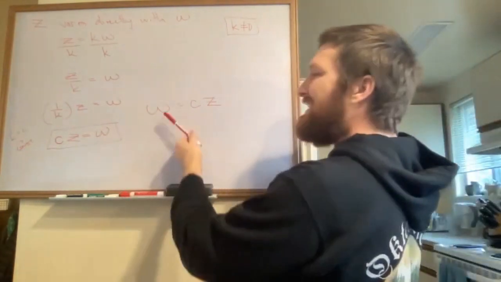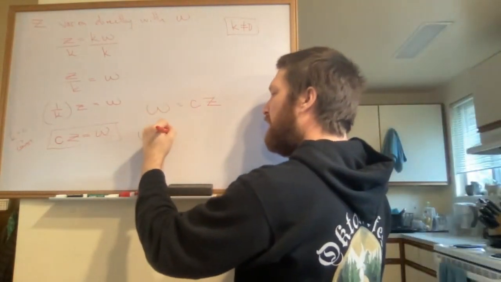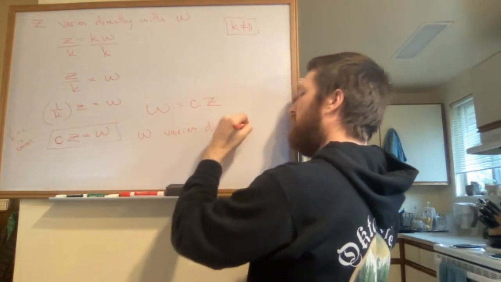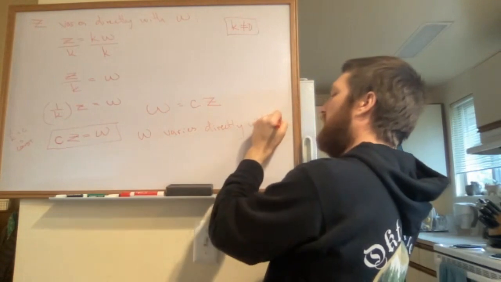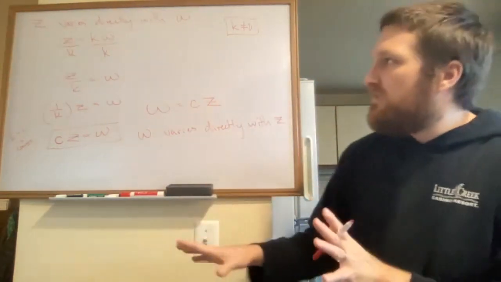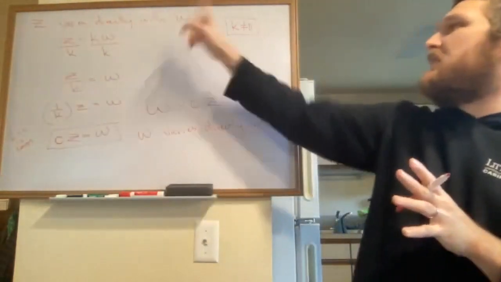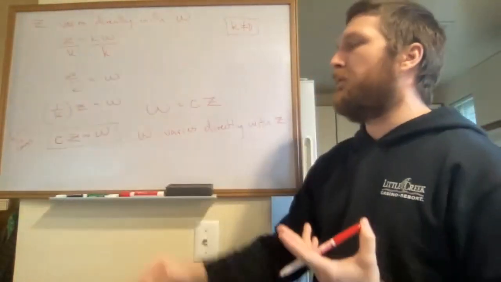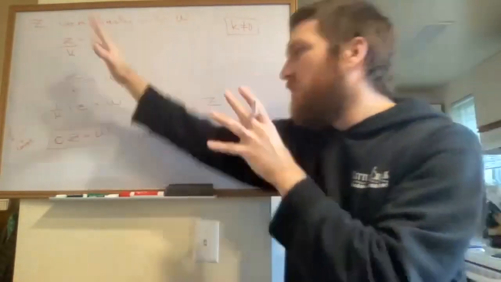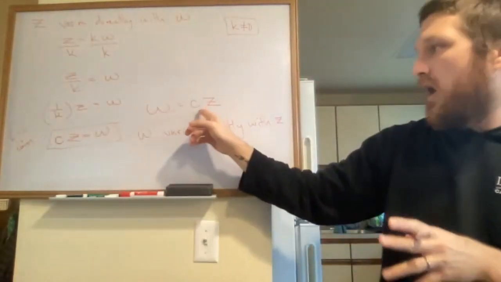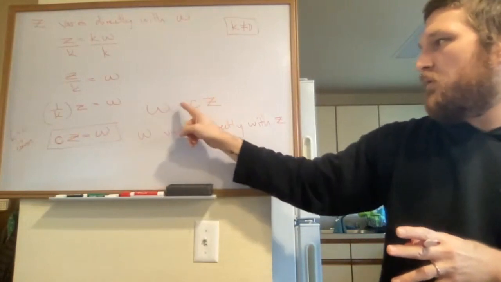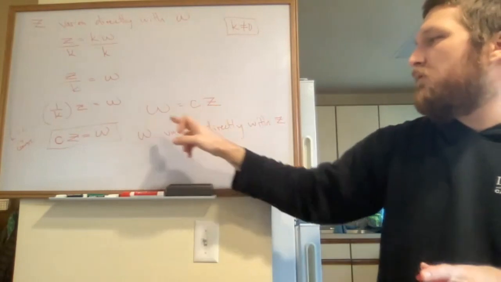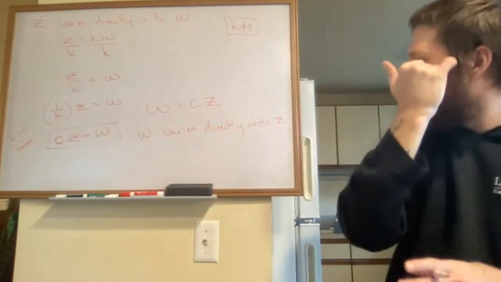So that means that W varies directly with Z. So in other words, if Z varies directly with W, then there's an equation Z equals some constant times W. But if that's true, it's also true that there is another constant so that W equals that constant times Z, which by definition means that W varies directly with Z.